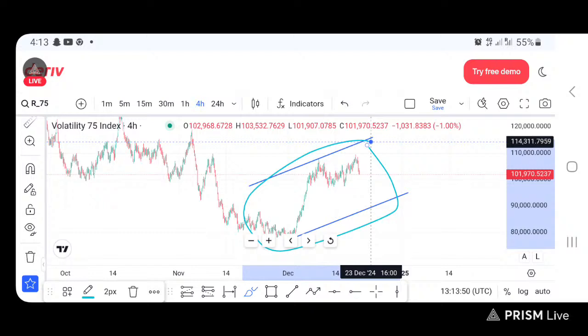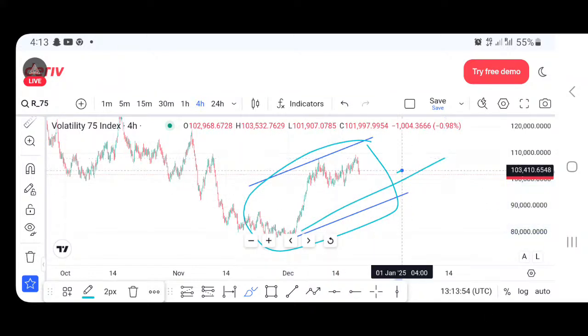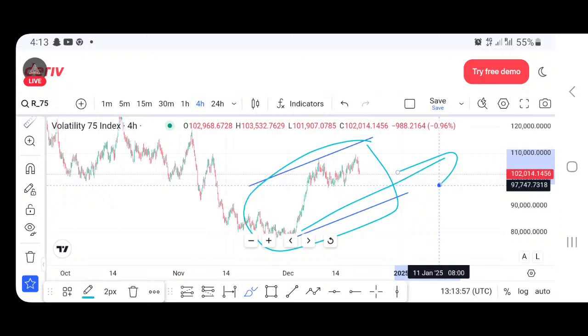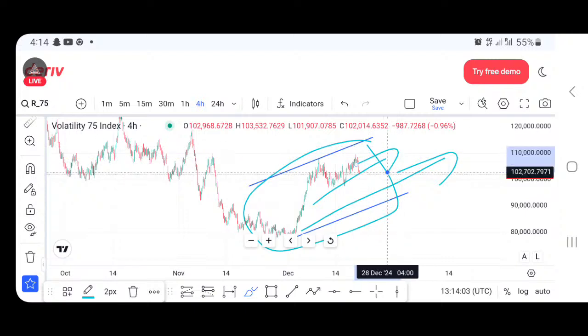The trend lines are showing me that they are going up like this, which means I will not look for the sells, I will start looking for the buys, because my trend line is going to be my overall bias.